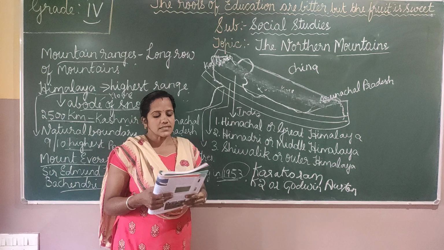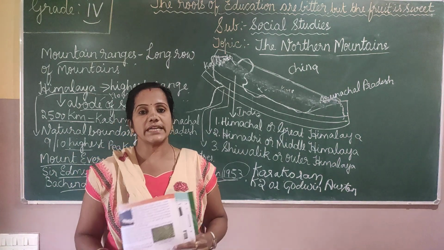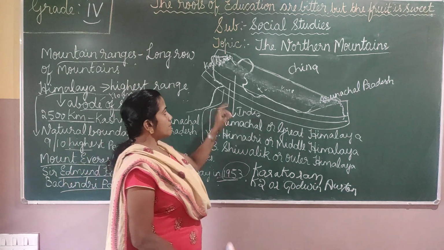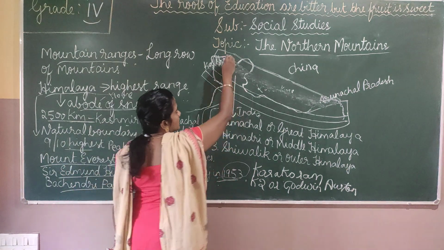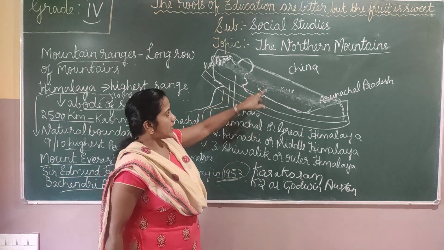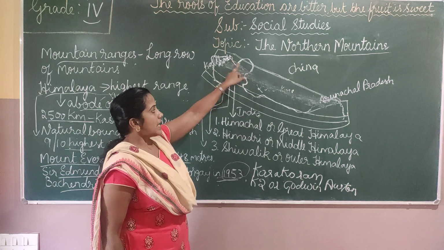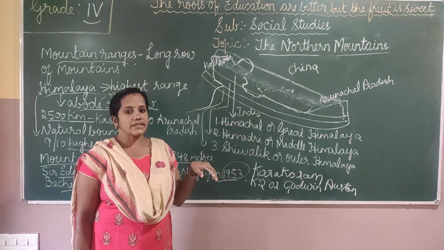Next, the Himalaya has three parallel mountain ranges. You can see them here: 1, 2, 3. Like this, the Himalaya has three parallel mountain ranges.